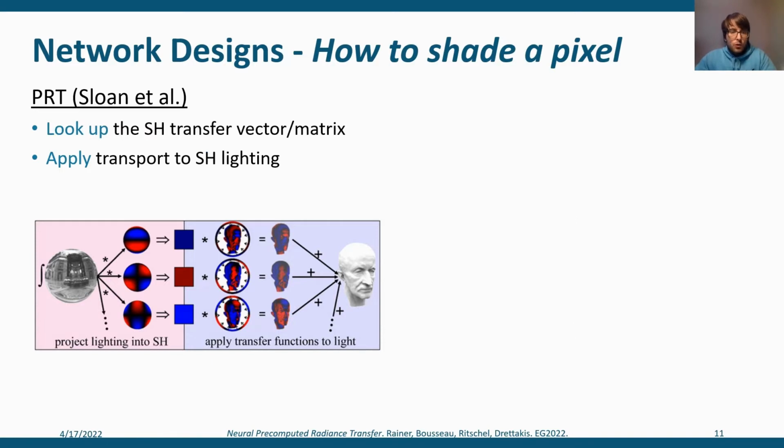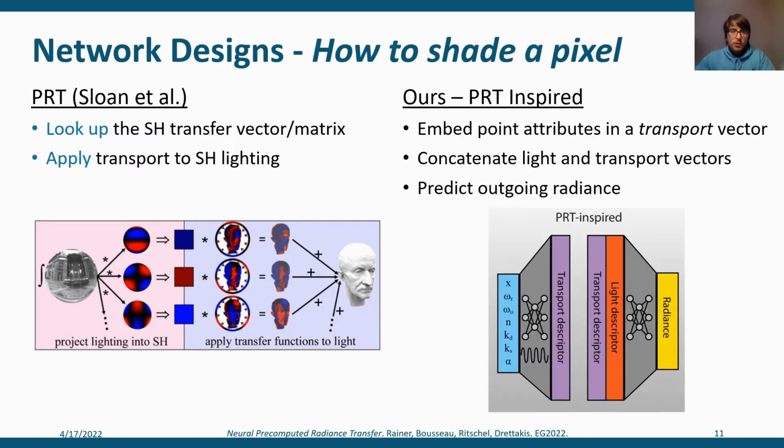We can go one step further by forcing the network to separate the 2 main steps of PRT. That is the lookup of the transport and the dot product with the lighting. We can achieve this by simply having one network learn the transport as a function of the point, so as a function of the position in the scene.